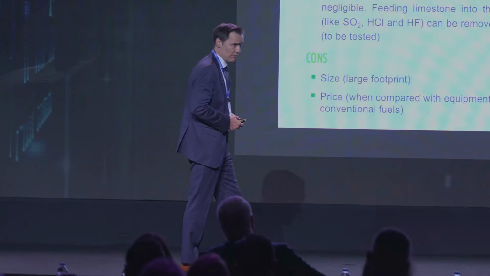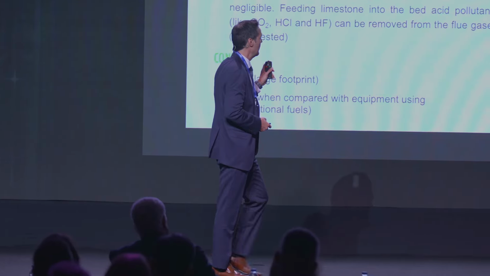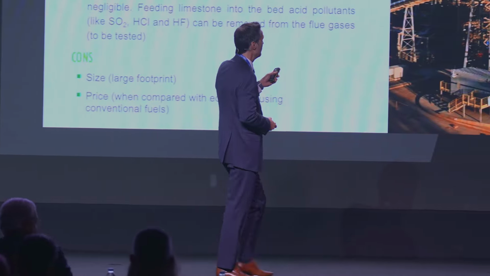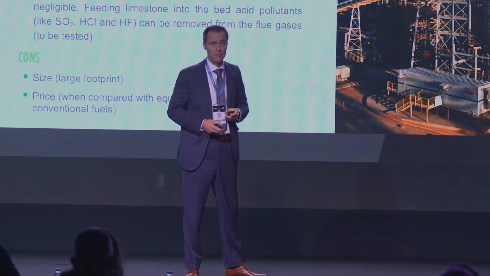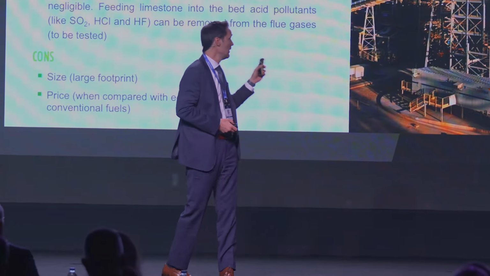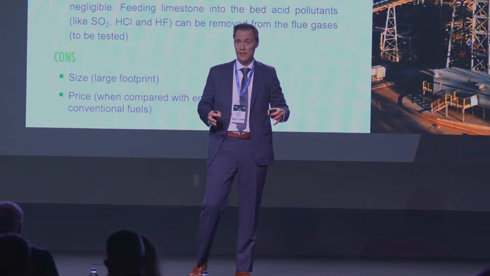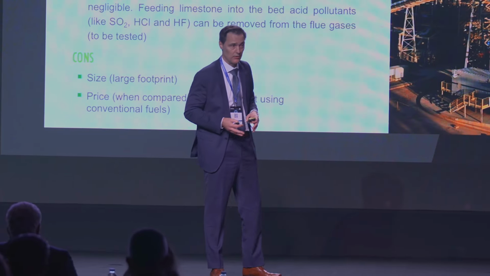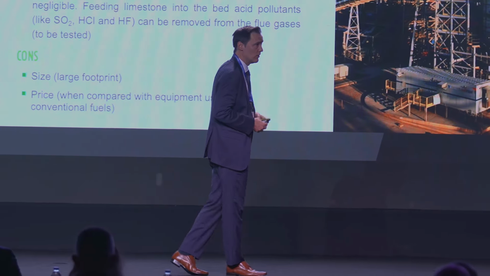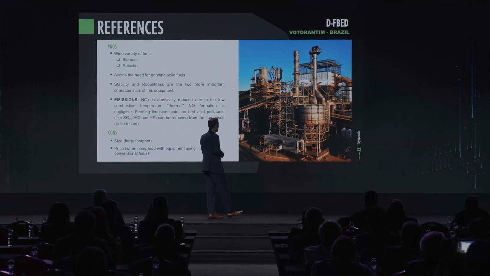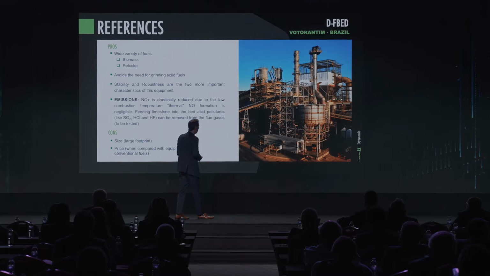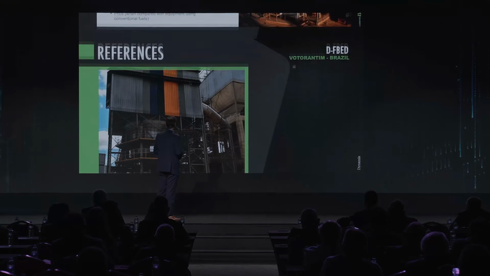So, reference. This is a plant in operation in Brazil, 100% biomass. So it's not a concept, it's not an idea, this is real and in operation, and you are invited to visit this plant. It operates on 100% biomass and is connected to a grinding mill.